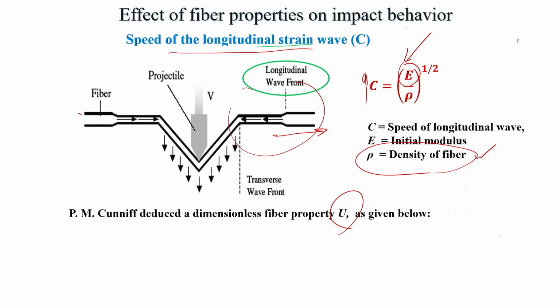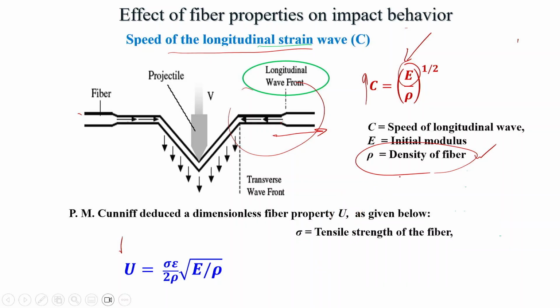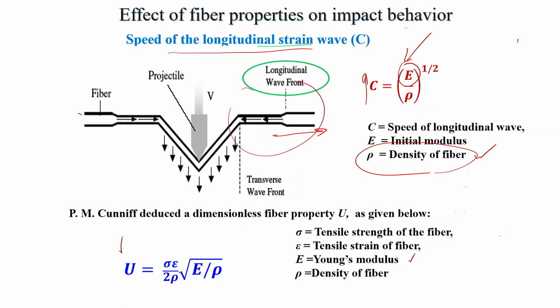U can be given as this relationship, where sigma is the tensile strength of the fiber, epsilon is the tensile strain of the fiber, E is Young's modulus, and rho is the density.